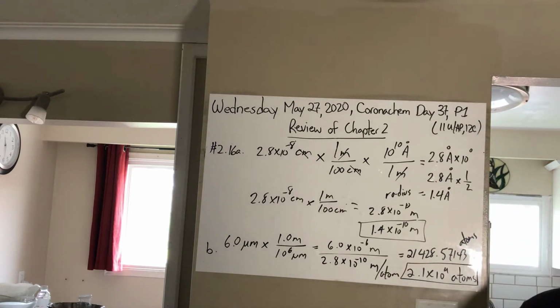The last bit asks, if the atom is assumed to be a sphere, what is the volume in meters cubed of a single tin atom?